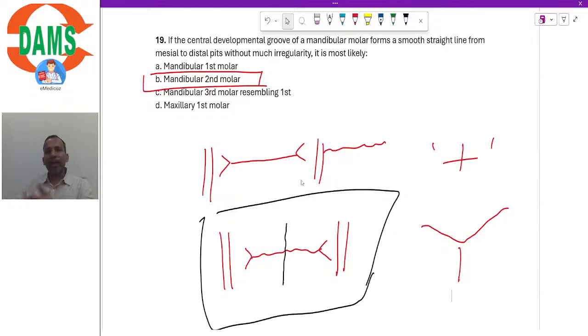So I'll check it once and then I'll let you know, right? So apart from it, anything else?